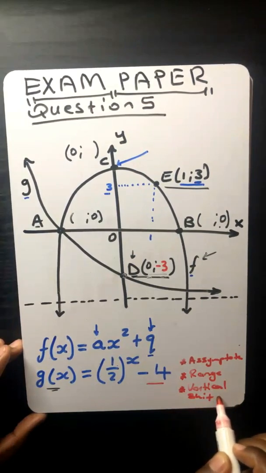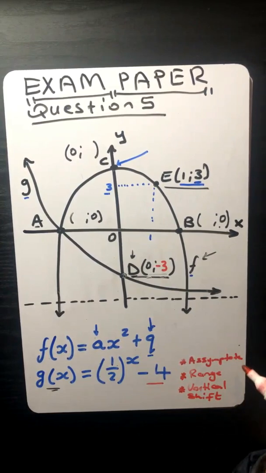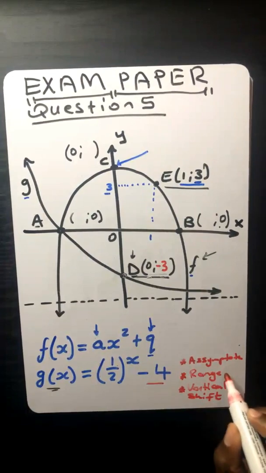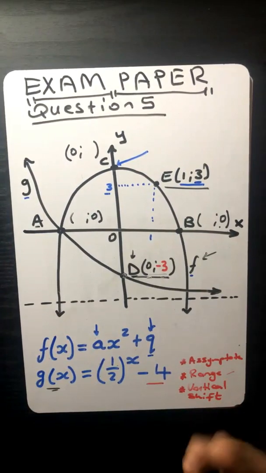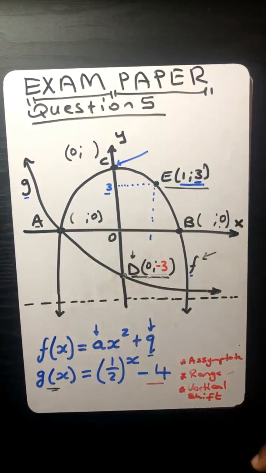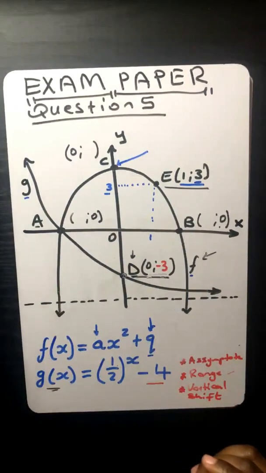So from time to time, make sure you refer to your notes. I know from your notes you have asymptote and vertical shift. So just add the range, because there might be a question which says what is the range of g. You will never know, guys. You must be ready for those types of questions, but you must first understand everything with regards to that.